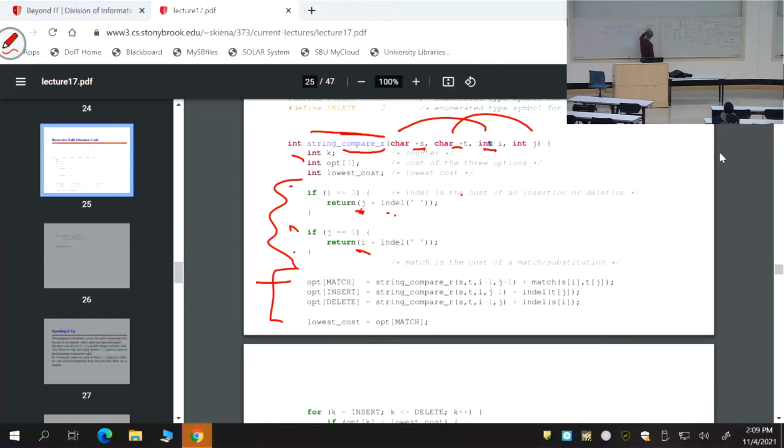Does everybody agree that those are the 3 recursive calls being made? And how many recursive calls are being made from each of those? 3. It looks like I've got a ternary tree.